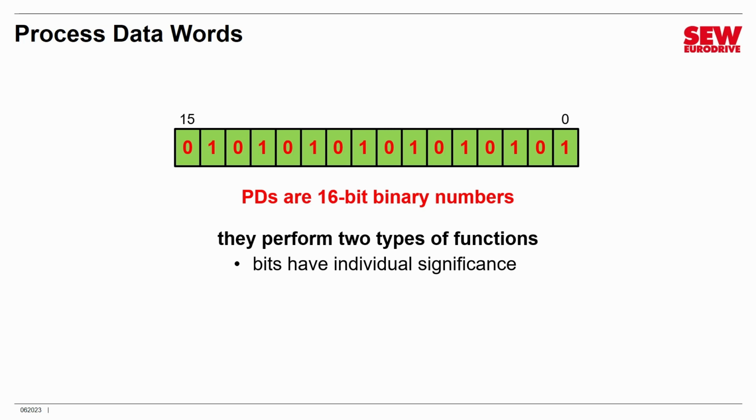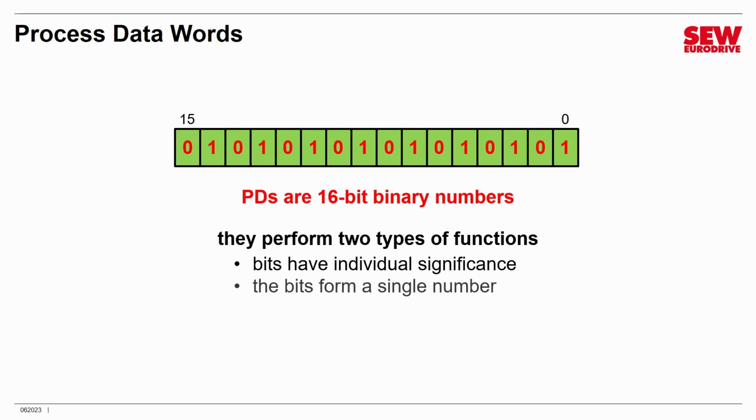That word will have bits that are flipped on and off individually to activate or deactivate different functions. Usually, there will be one or more process input words that will provide status information, and those bits will turn on and off to reflect the status of various things within the VFD. So that's the first function that a process data word can perform.